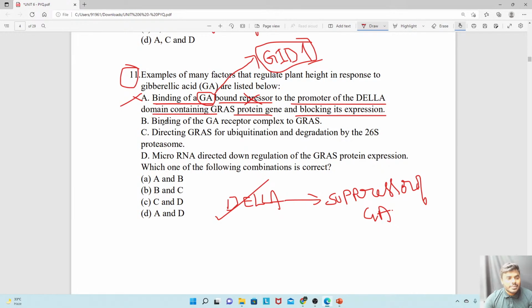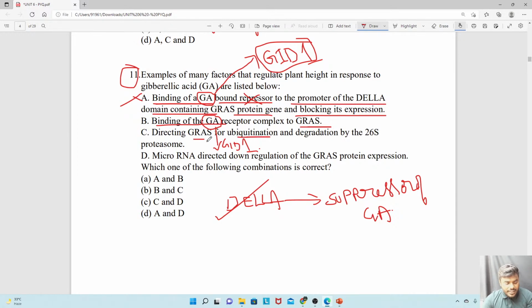Option B, binding of the gibberellic acid receptor complex to the GRAS. You know, GRAS is an important protein that is also involved in the regulation of gibberellic activity. Every student listen to me carefully: the moment gibberellic acid comes and associates with GID1, the GRAS protein gets added by the ubiquitin molecule.